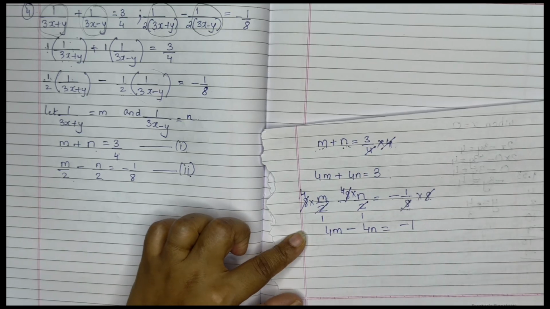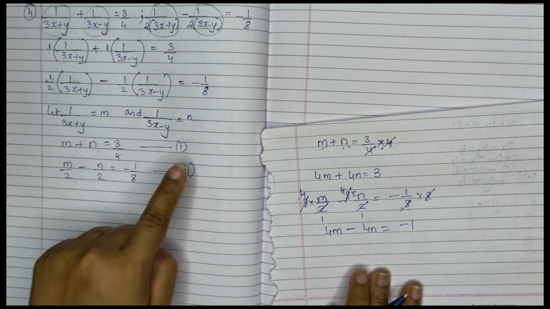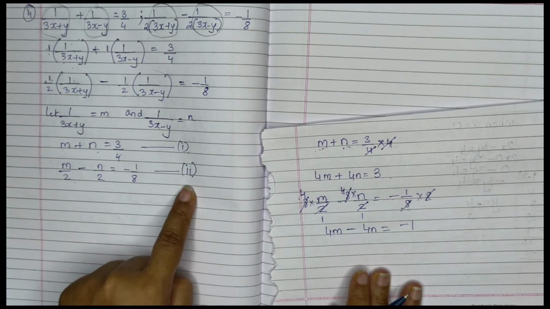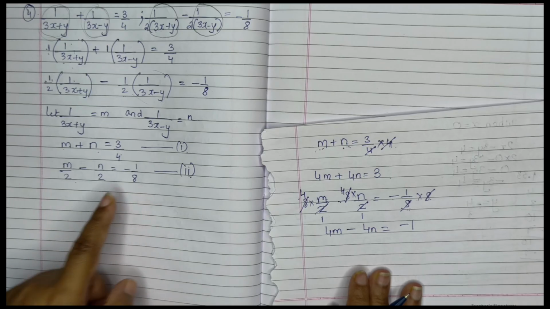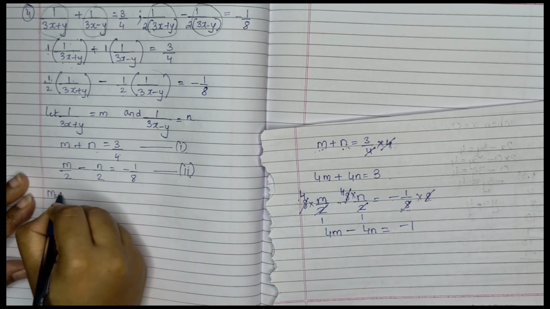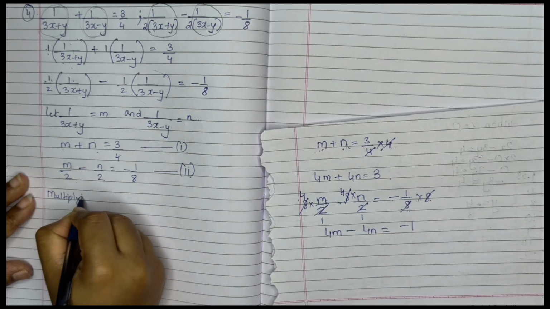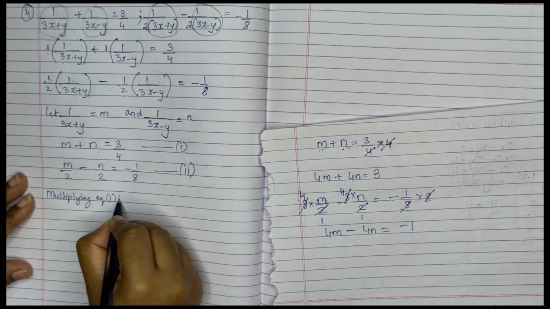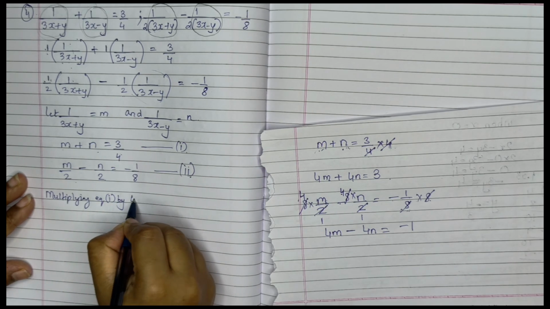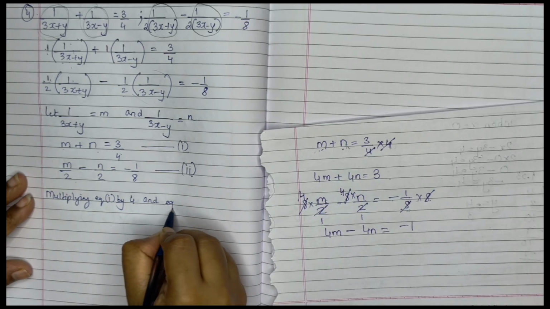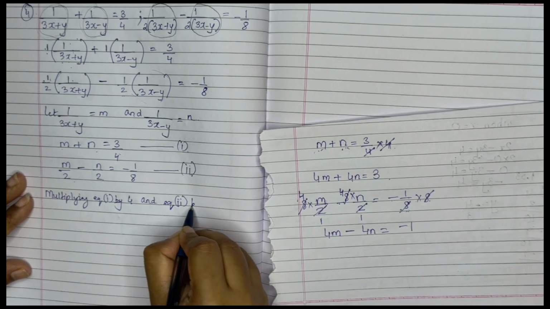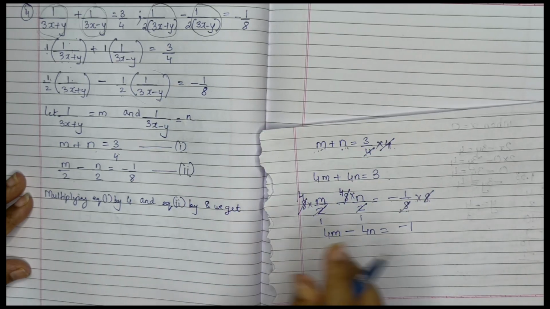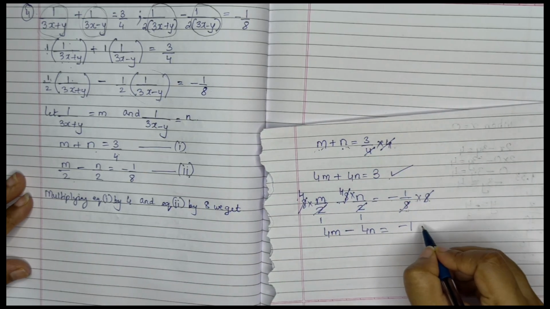Okay. So what we will say here is, multiplying equation 1 by 4 on both the sides and multiplying equation 2 by 8, we get, so you can write down this directly, this thing and this thing.